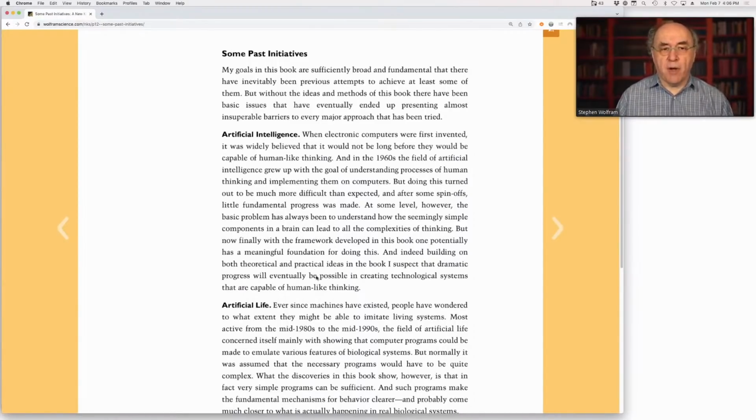I might say, by the way, when I mentioned technology before, that for me personally, one of the big outcomes technologically from NKS was Wolfram Alpha. You say, what on earth is the relationship between Wolfram Alpha, our computational knowledge engine, and NKS? They seem like opposite ends of the spectrum. NKS is about these simple programs.